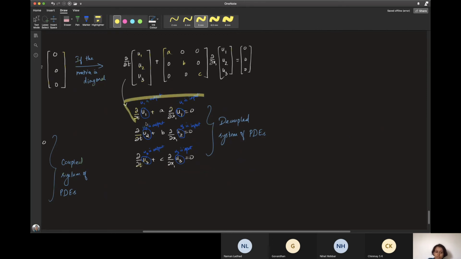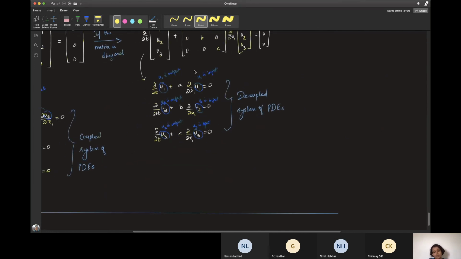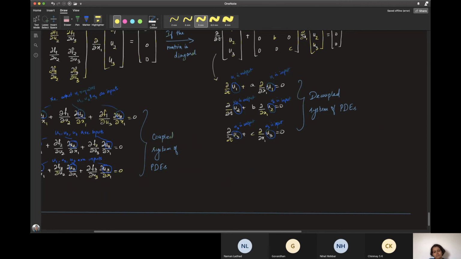Since we have 0 and 0 over here, ∂/∂x of u2 and ∂/∂x of u3 won't have any effect in the first equation. Similarly, the second equation will only be in u2 and the third equation will only be in u3. So now each of these equations is independent.